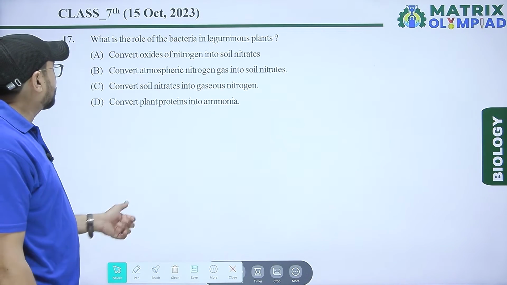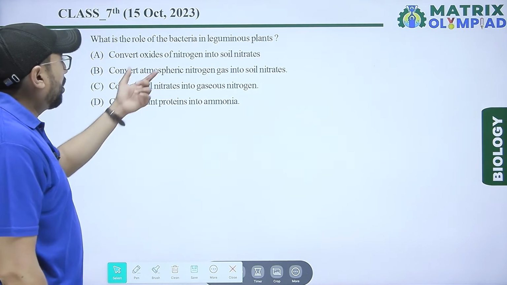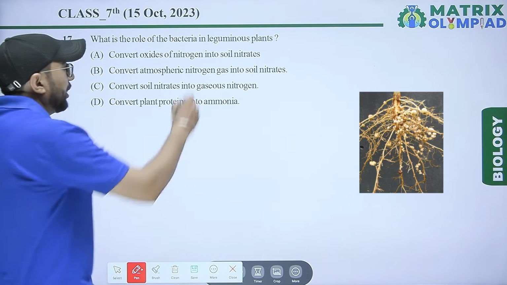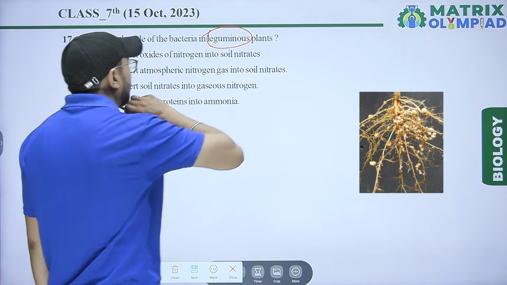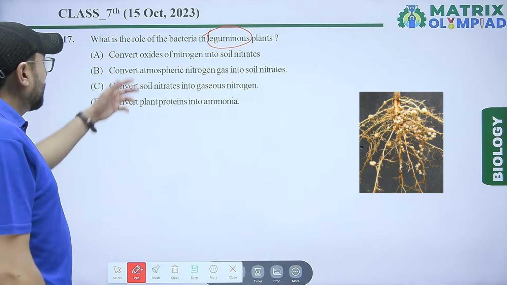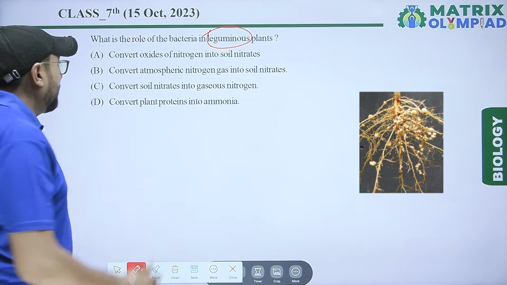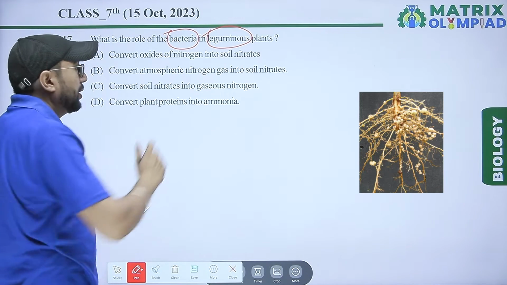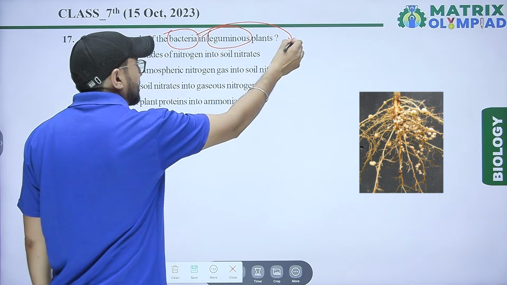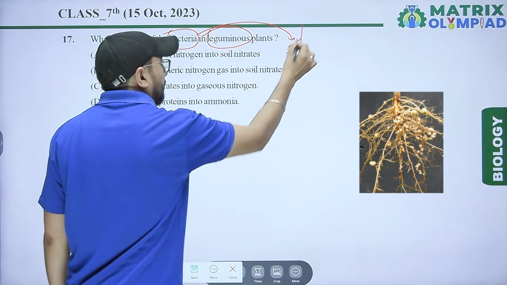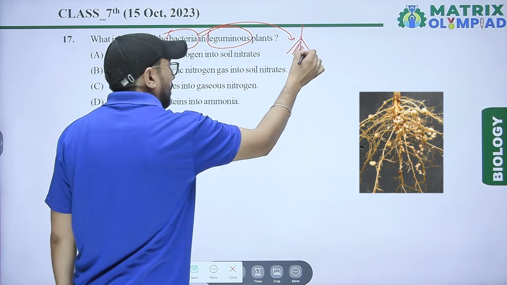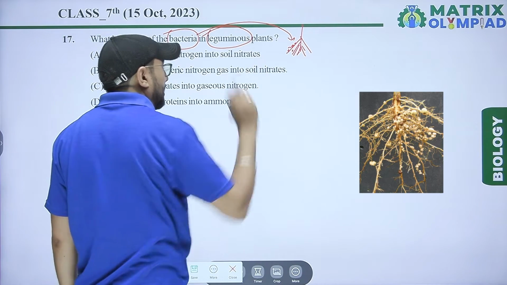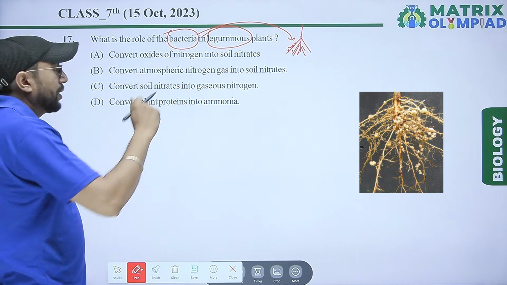Next question: what is the role of bacteria in leguminous plants? Leguminous plants means pulses plants. Pulses plants' roots contain bacteria. The bacteria convert atmospheric nitrogen into nitrates present at the root surface, at the soil surface.